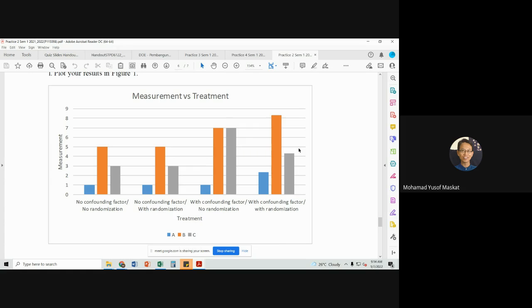We will never have 100% confidence because it is based on probability. So when you are doing your studies, it is very important to do randomization. Do not apply your treatments in a sequential or systematic order. You have to randomize. Any questions?